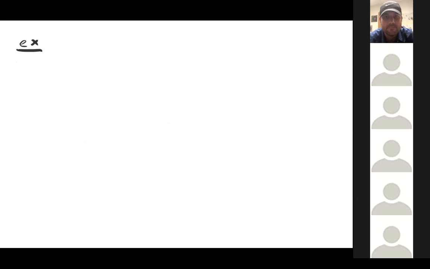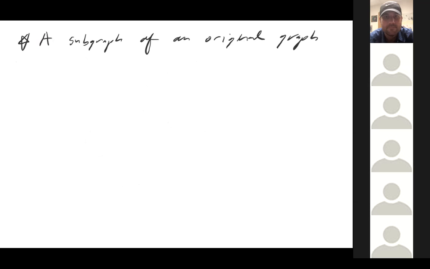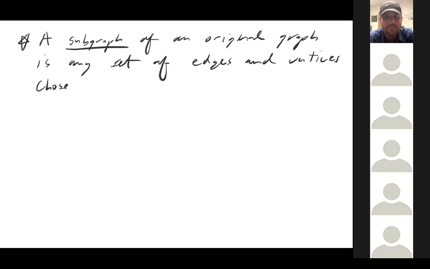Okay, let's do another one here. A subgraph. We're going to talk about a subgraph. A subgraph of an original graph is any set of edges and vertices chosen from the original graph.